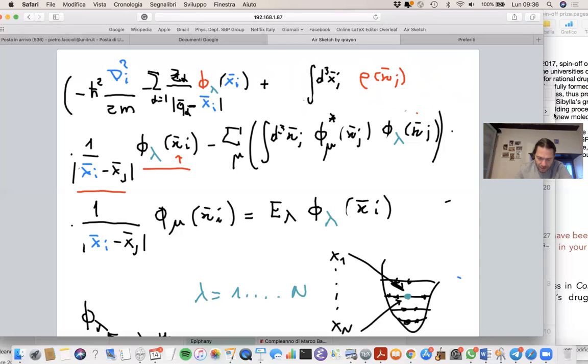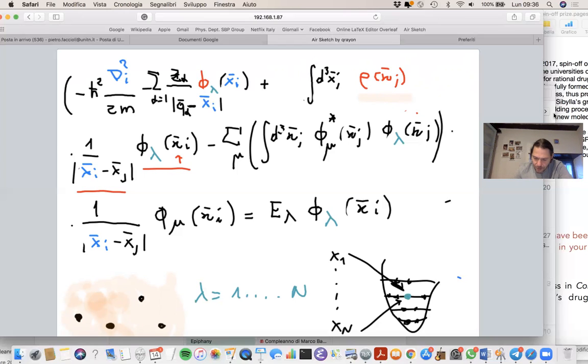So let me draw it here with this stupid cartoon. Here are my atomic nuclei. I have a charge density, which I will draw maybe with this. Some points are going to be heavier, some lighter. This is my charge density. That is this quantity here.